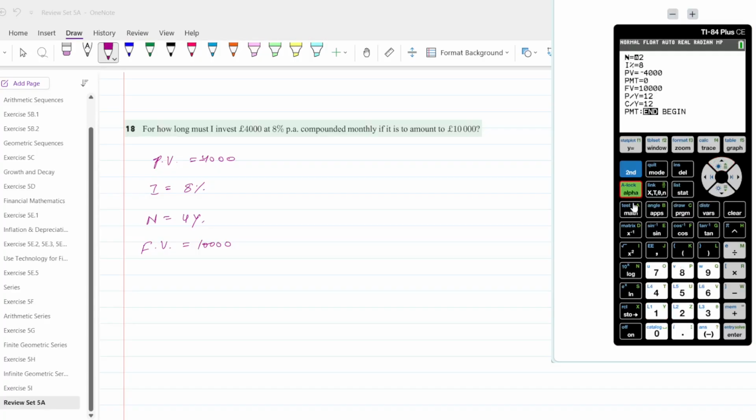Calculating the value of n, we get 137.9. So n is equal to 138 months. That's the answer. You can convert it into years if you want.